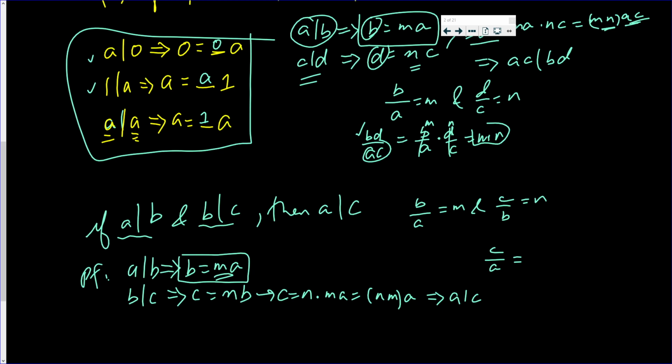Well, we know that c is b times n, and a does go into b m times. So yep, a goes into c. It goes in mn times. What I'm about to erase is basically high school or elementary school arithmetic. Okay, so that is the transitive law.